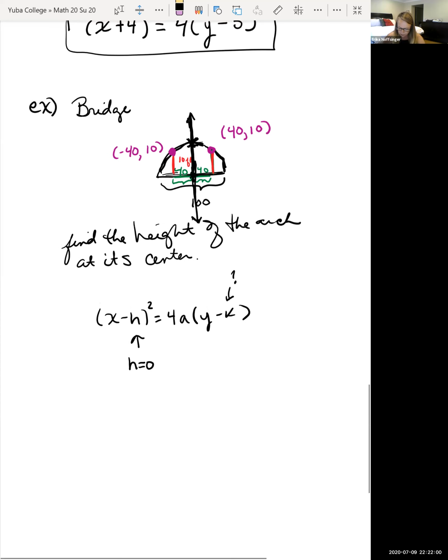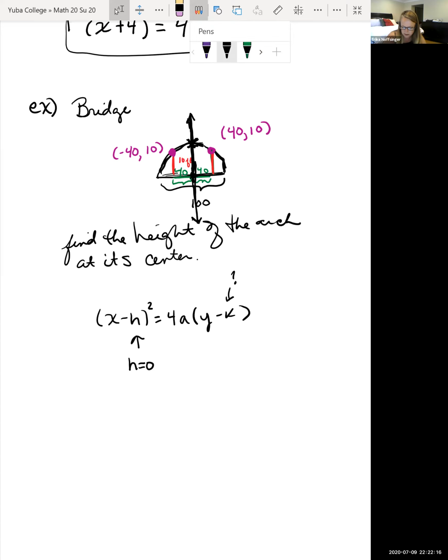So we know a y, we know a k, and we know h. Not sure about a, but we basically have 2 equations and 2 unknowns. So if I plug in what I know, I have x squared, because (x minus 0) squared is x squared, equals 4a times (y minus k).